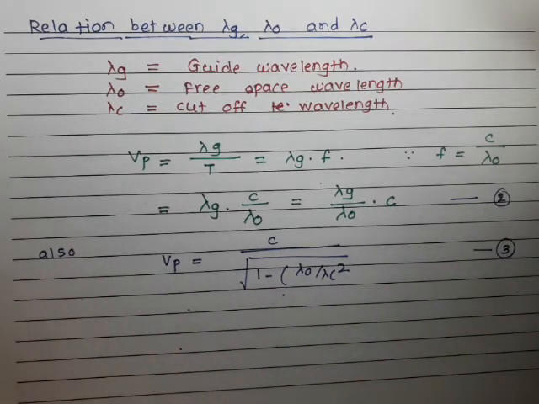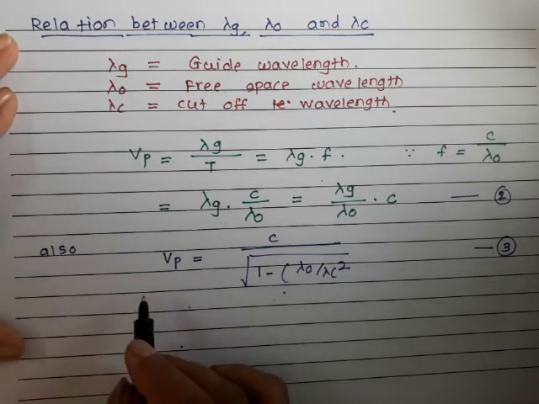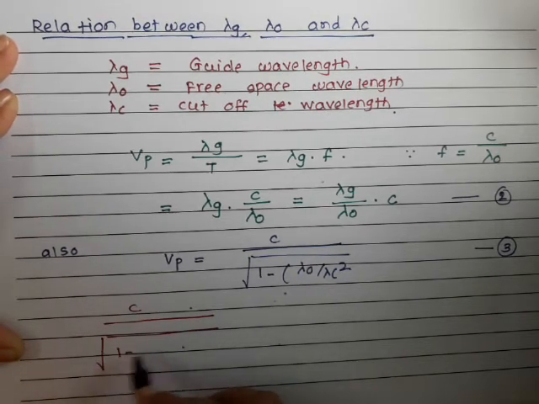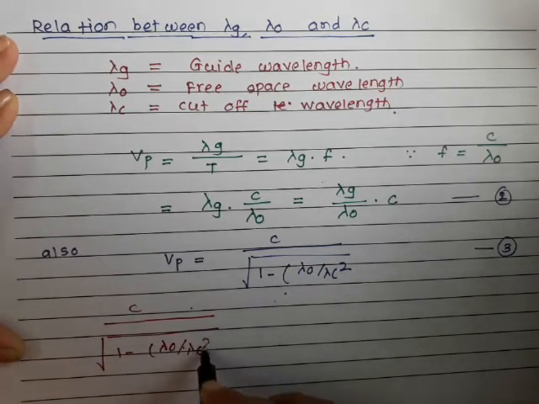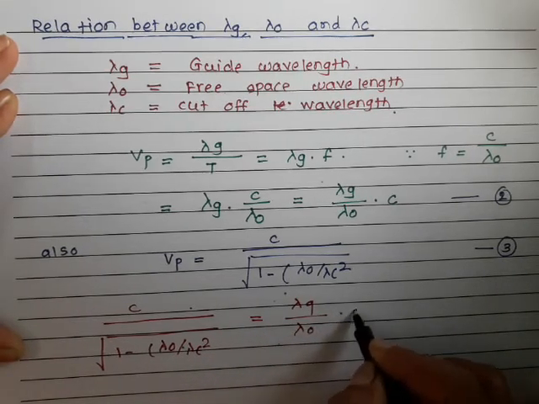Now comparing these two equations, I can write c divided by root of 1 minus lambda 0 by lambda c whole square is equal to lambda g by lambda 0 into c.